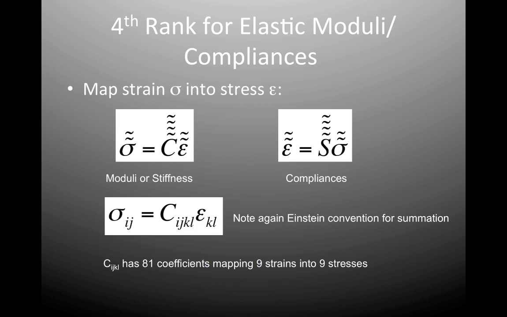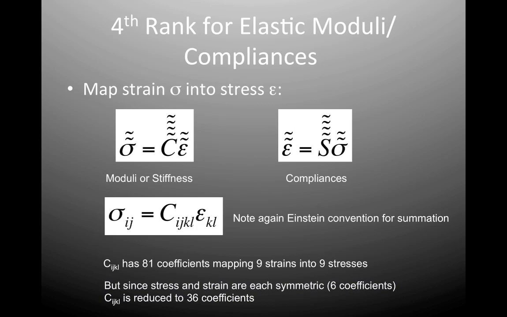Since we have in general 9 components in the stress tensor and 9 components in the strain tensor, that gives us mapping of 9 times 9 coefficients, or 81 coefficients. But we have already noted that stress and strain are each symmetric, thus there are only 6 independent coefficients, and thus only 6 times 6, or 36 coefficients, are needed in the Cijkl tensor representation of the stiffnesses.